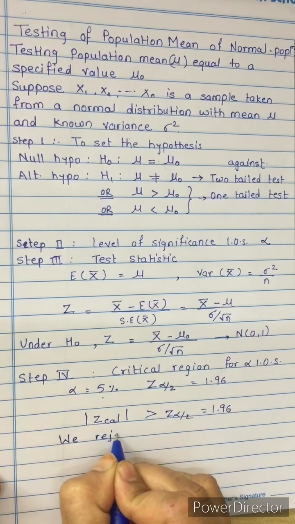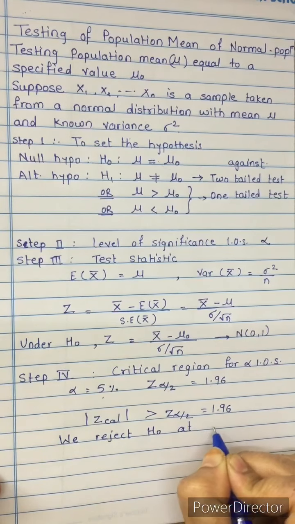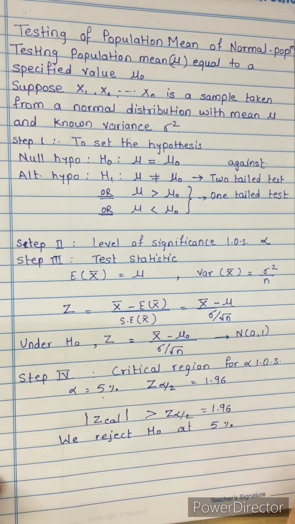We reject H naught at 5% level of significance. It is a must to write at what level we reject H naught. Okay. So at 5% level of significance we reject H naught.